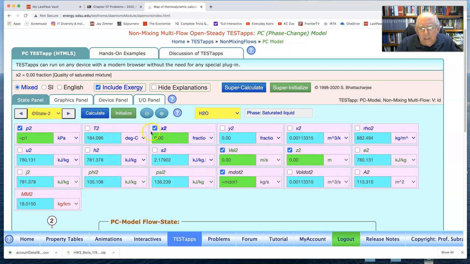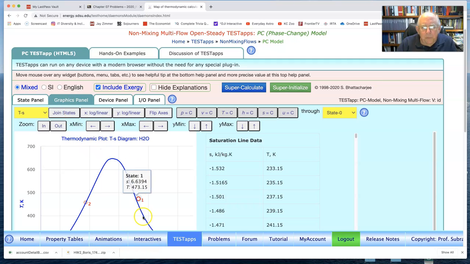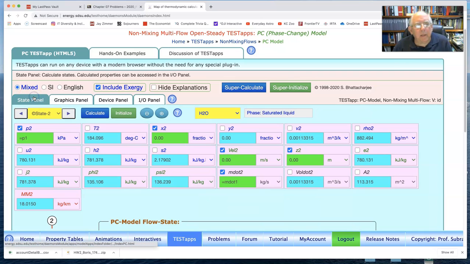And so these are the two thermodynamic properties that we need to define the state of that fluid. Here's the m dot. So we've got the state of that particular fluid. If we were to look at the graphics panel at those 2 points, we have a superheated condition at the same pressure. If I were to draw a constant pressure line through, we would see that that's the high pressure of the superheated fluid and comes out as a saturated liquid.